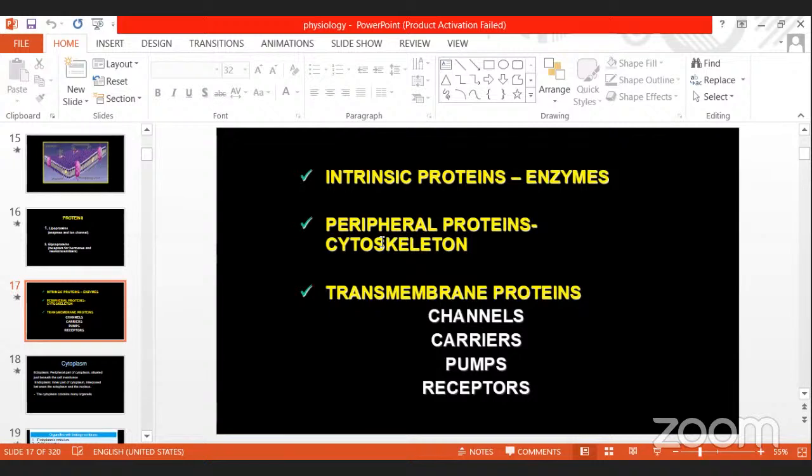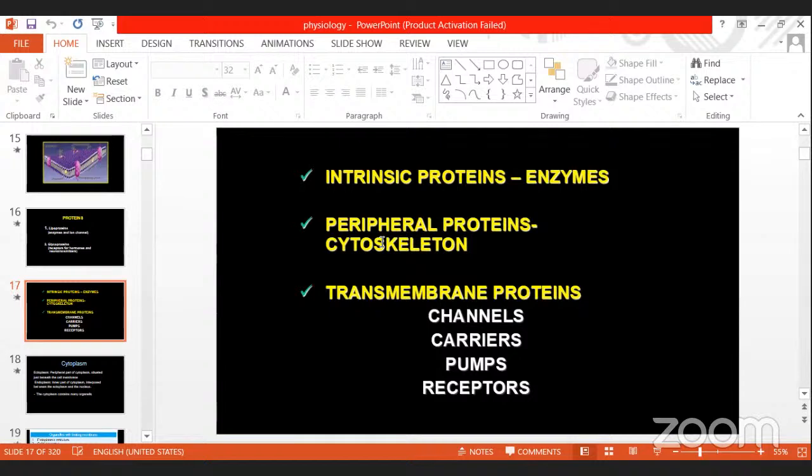And there is another type of protein known as transmembrane protein. Transmembrane means between the membranes. So they are the channels, carriers, pumps, and receptors. You have to know this: transmembrane proteins help to transmit substances from one cell to the other. They are channels, or carriers, which carry something from one place to another.